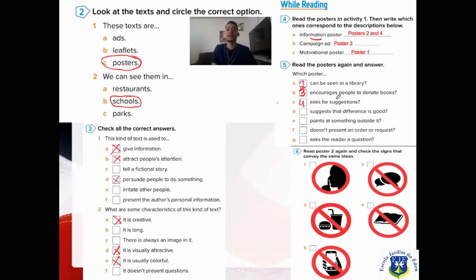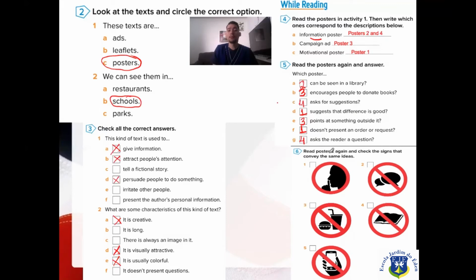Suggests that difference is good. Number 1. Points at something outside it. Number 3. Doesn't present an order or request. Number 1. And asks the reader a question. Number 4. Very good.